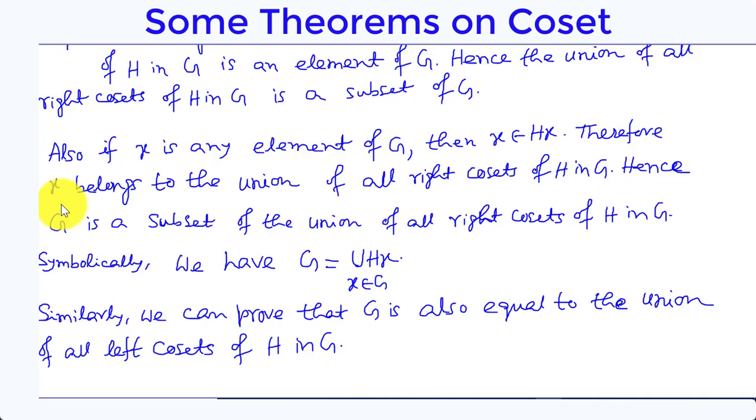Therefore, x belongs to the union of all right cosets of H in G. Hence, G is a subset of the union of all the right cosets of H in G. Symbolically, we have G is equal to the union of Hx, x belongs to G. Similarly, we can prove that G is also equal to the union of all left cosets of H in G.